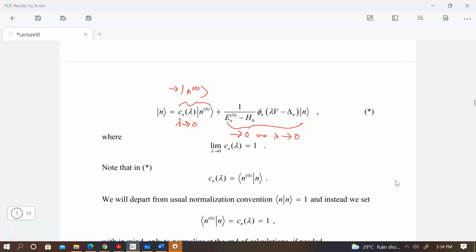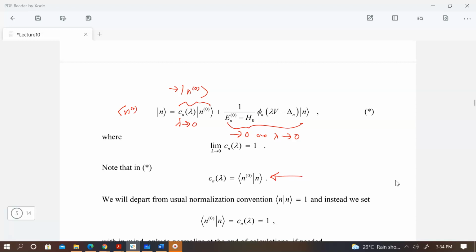And if you check, if I take the inner product with n naught, the terms here will not be 0 because you have n naught, and you're left with Cn lambda. Here, n naught will be contracting with something which is orthogonal to n naught. So this goes to 0, and then you actually have this.